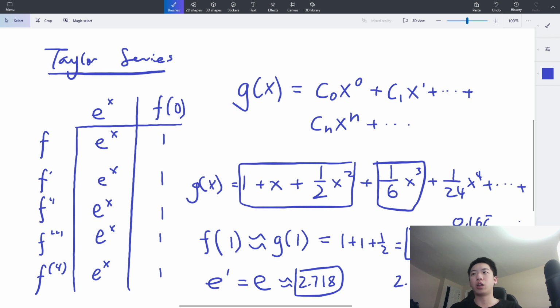So I think the most important thing here to understand is how we came up with the constants to put in front of the x terms. So like C0, C1, C2, how do we come up with that? And it all comes down to when we take many derivatives, we'll have these leftover terms from doing the power rule a bunch of times.